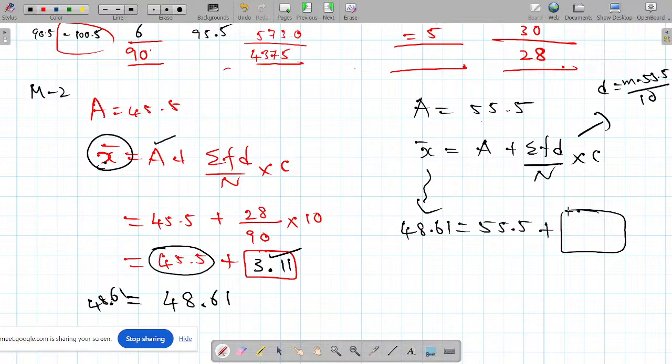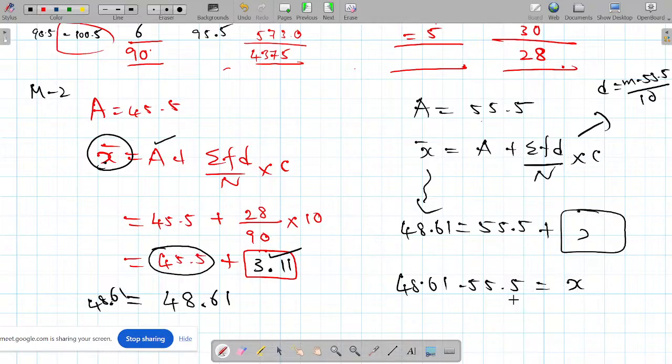Take the help of the calculator. Just reverse it. If this is X, what will you do? X is equal to minus X is equal to 55.5. So how do you find this value? Just reverse it, right? See, what is this X? How do you find it? 48.61 minus 55.5 is the X value, right? Am I right?